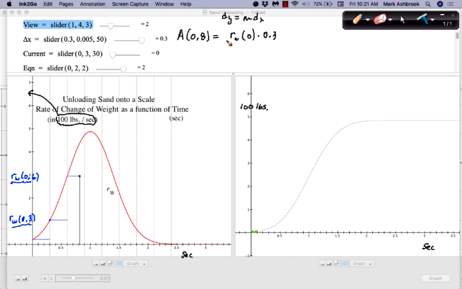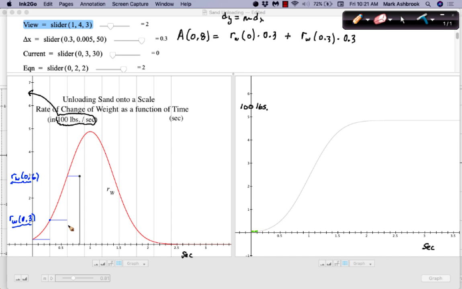But that's only how much change we have after 0.3 seconds. We want 0.8. So we add on the accumulation from the second interval, which is R sub w of 0.3 times 0.3. It's still 0.3, just the amount of change at that rate; that rate extends through the second interval.